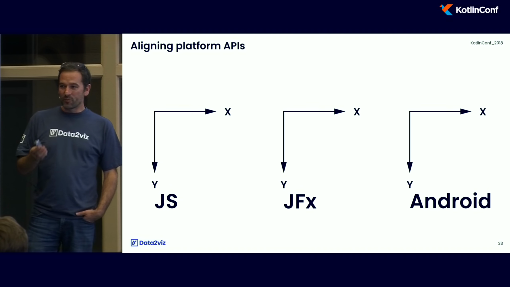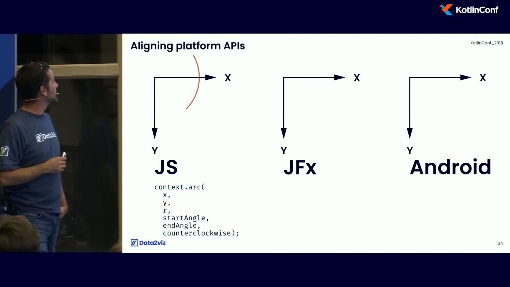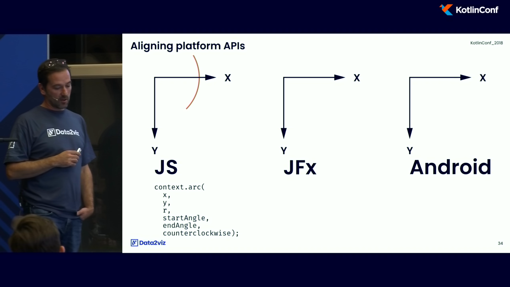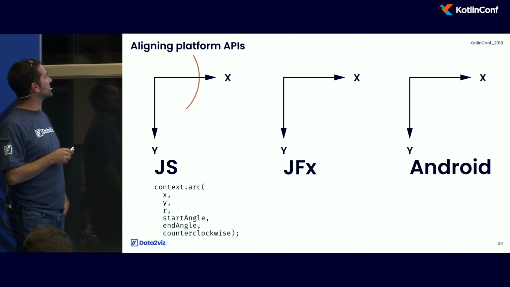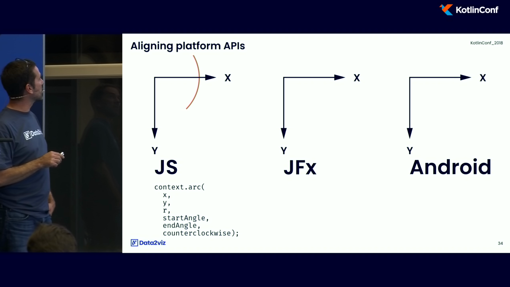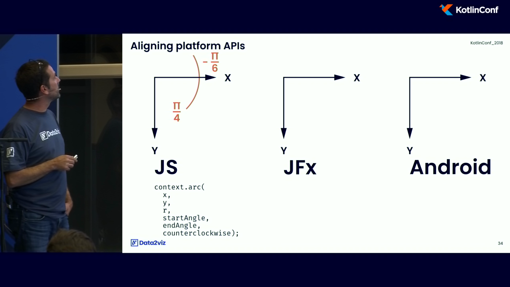So that's not a big problem, but then come the APIs. To draw an arc on JS, you have on the context of a canvas this function arc, which takes the center of the arc, its radius, the start angle and the end angle, and the direction of the arc.